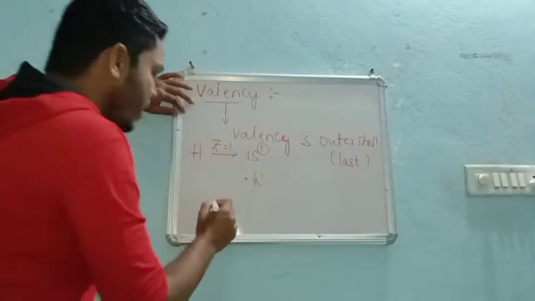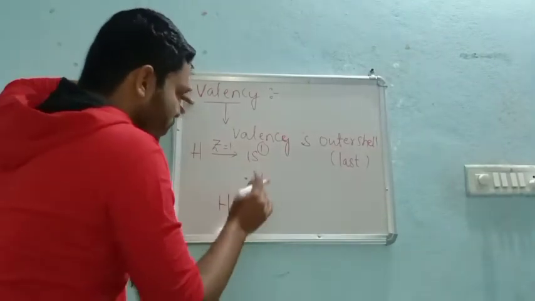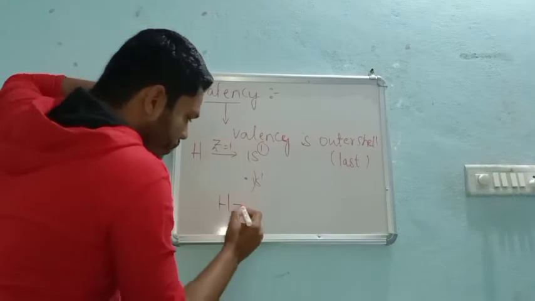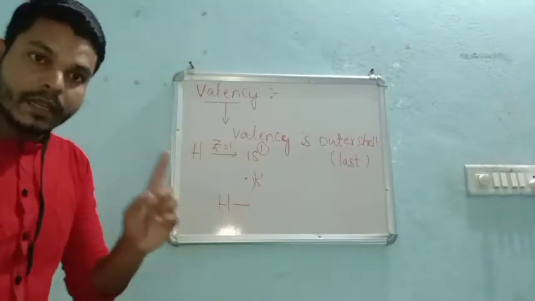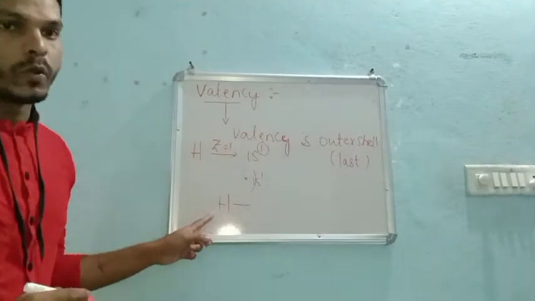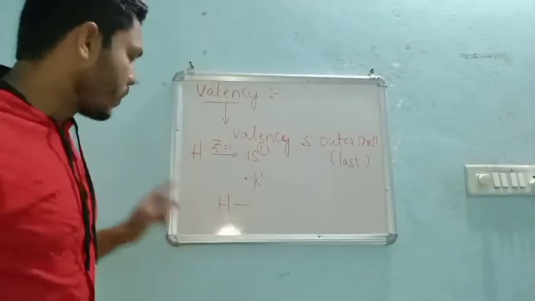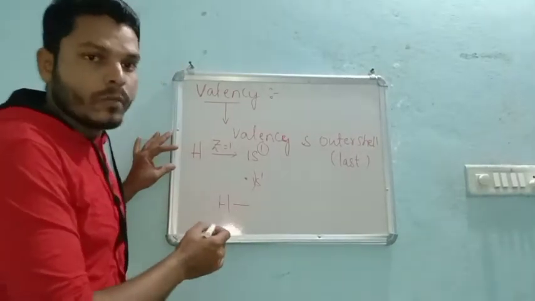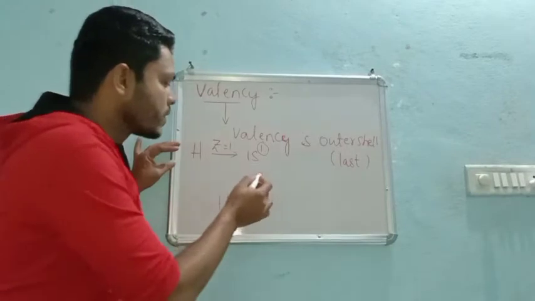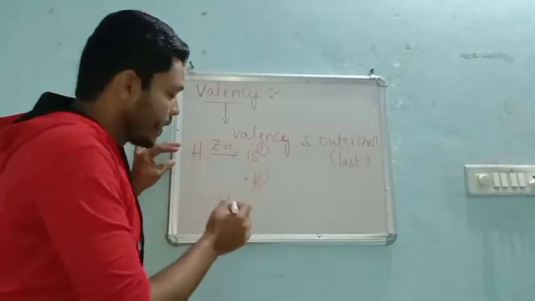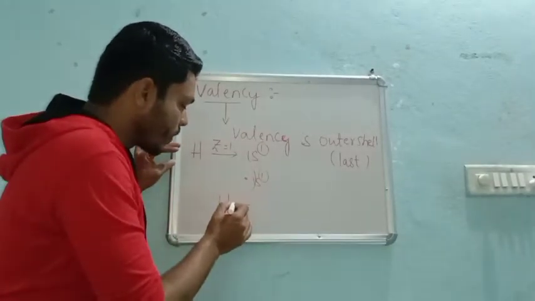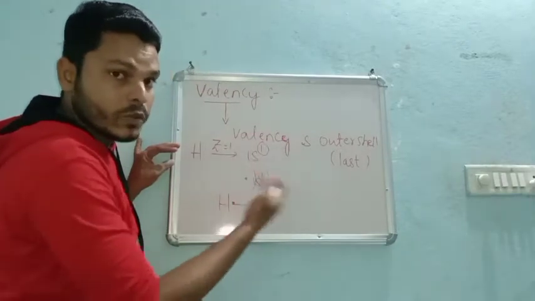So because of valency one, we always see a single bond with hydrogen. Very important. Why do we see only one single bond with hydrogen? Because its valency is 1. That means it can donate only one electron and attract another species towards itself.